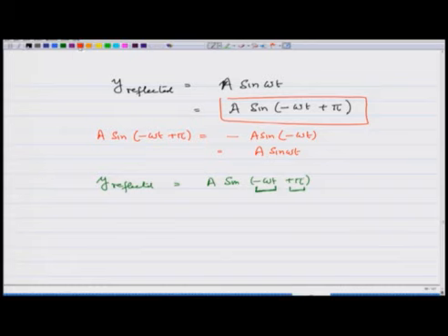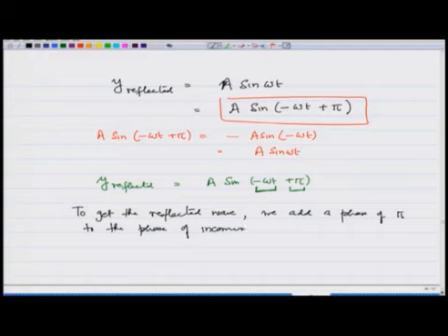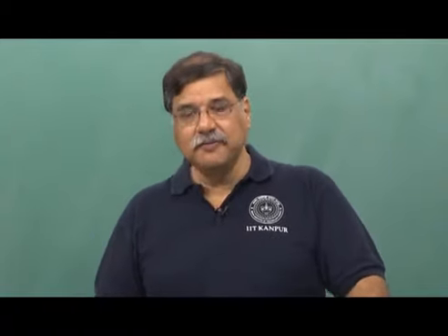So, let me write that. To get the reflected wave, we add a phase of pi to the phase of the incoming wave, and this is only for when the reflection is from a hard wall. So, there is a phase difference, right?